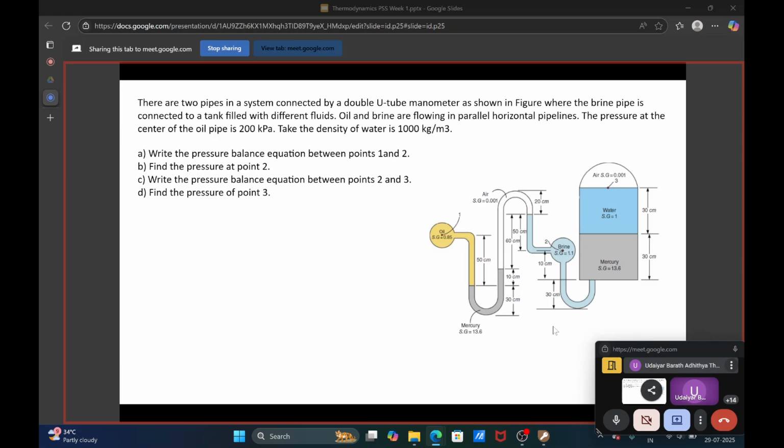Whatever fluids are there, their specific gravity is given. Specific gravity is nothing but rho of the fluid divided by rho of water, which is why the specific gravity of water is 1. You can assume the density of water as 1000 kg per meter cube, and using that you can find the rest of the densities. So try solving this.